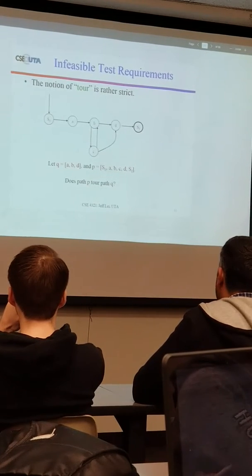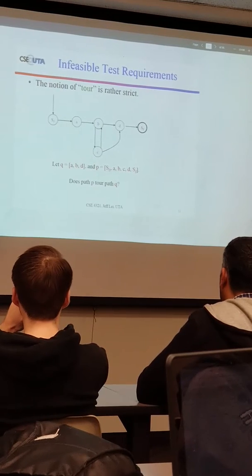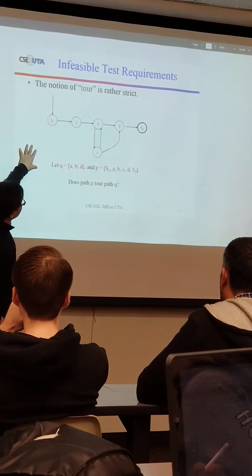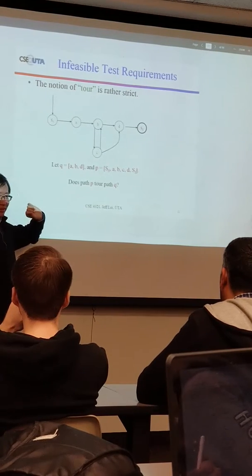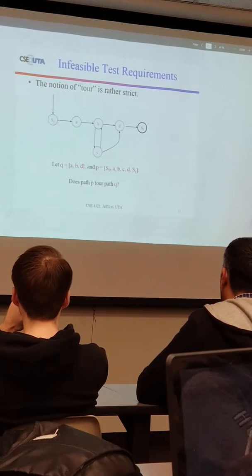And before we discuss how we're going to actually compute the prime paths and how we generate test paths to achieve prime path coverage, we want to discuss a couple of concepts as well. That has practical significance. Touring. Anyone remember the concept of a tour?